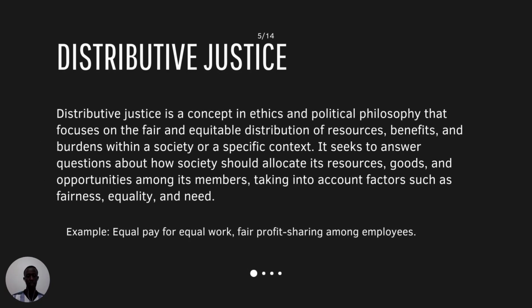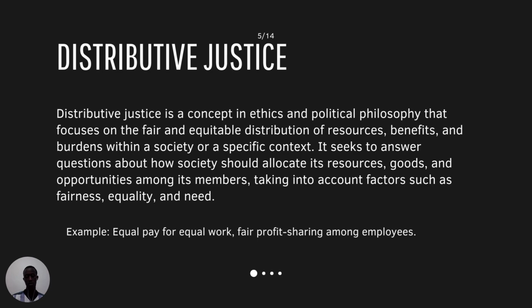The first is distributive justice and the second is procedural justice. What is distributive justice? Distributive justice is a concept in ethics and political philosophy that focuses on the fair and equitable distribution of resources.